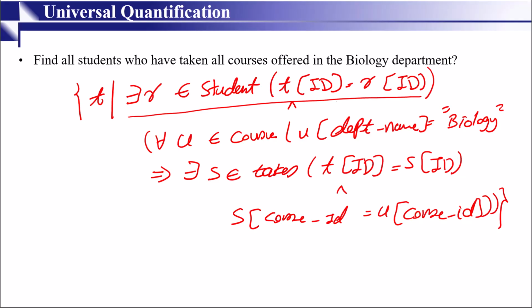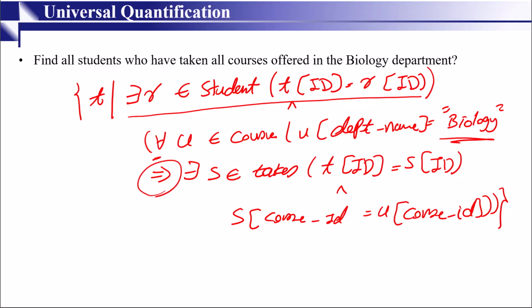This part is technically redundant if T.ID is already bound to a student, but it clarifies the domain. Then we have a universal quantification, for all, right? For all courses U in the course table, this query checks a condition for every biology course.